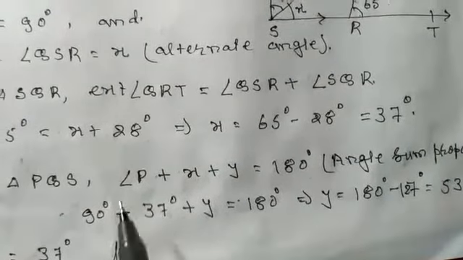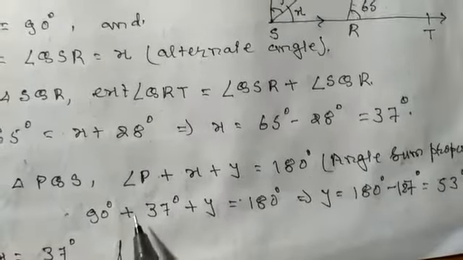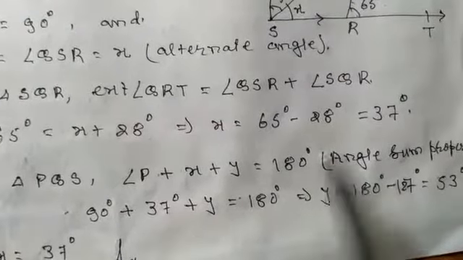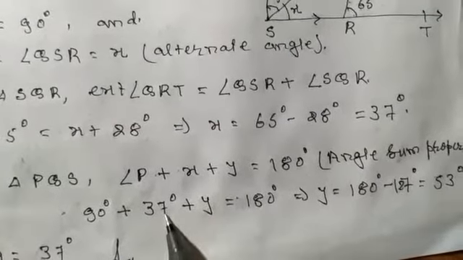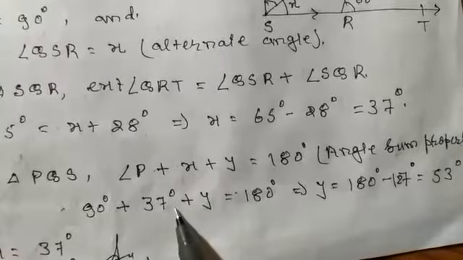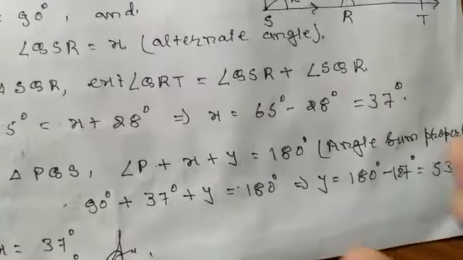Now we have the measurement of angle P as 90 degrees, plus the value of X we got now, which is 37 degrees. So put the value of X here. So 90 degrees plus 37 degrees plus Y is equal to 180 degrees.